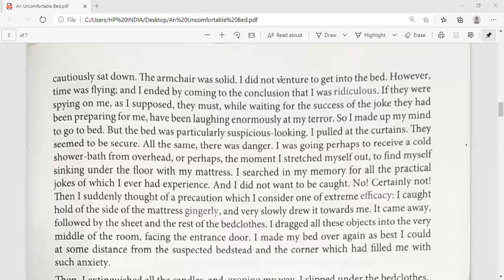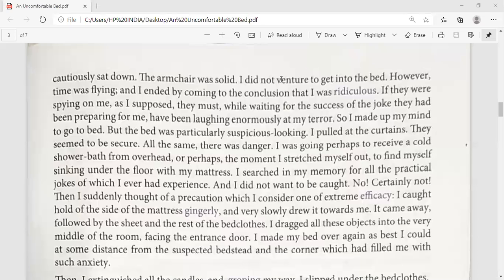He's saying that if they have planned something, they might be laughing enormously at my terror. They might have seen me from the keyhole and laughed a lot because they could see that I was so afraid. Okay? He was so afraid that he thought that they might be laughing at him.